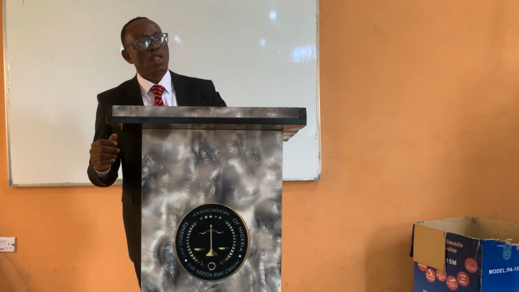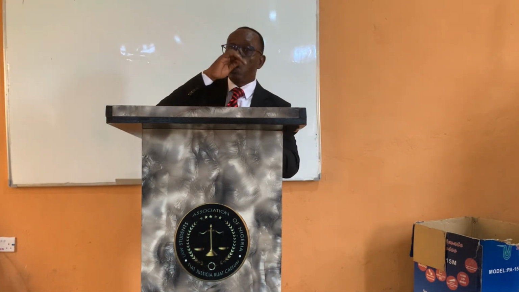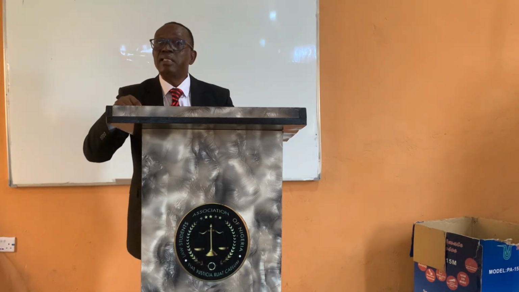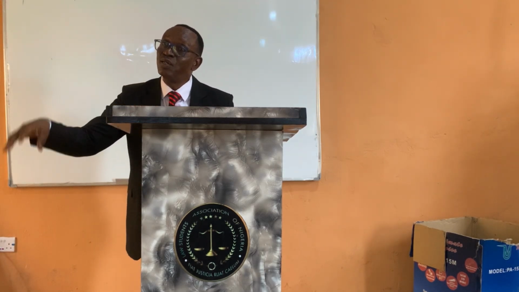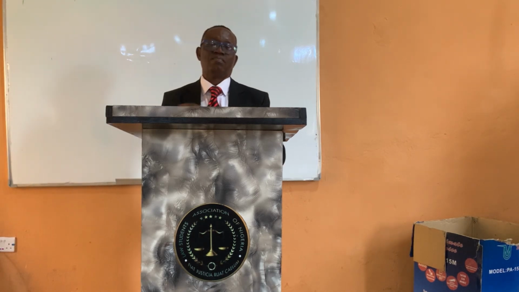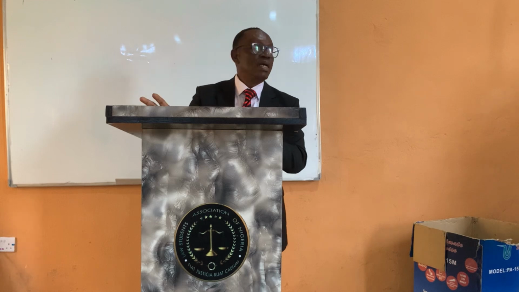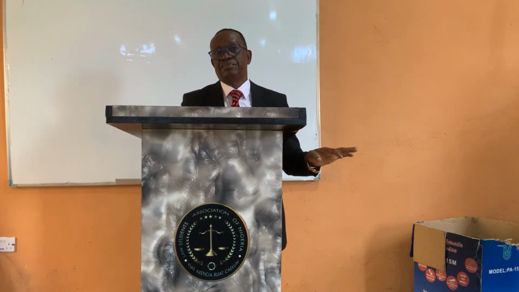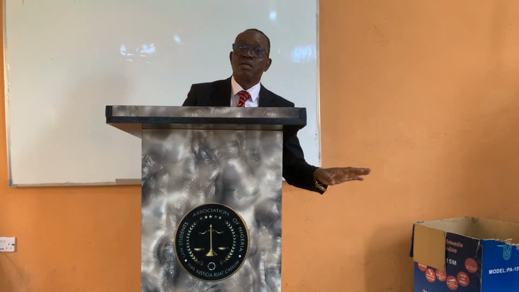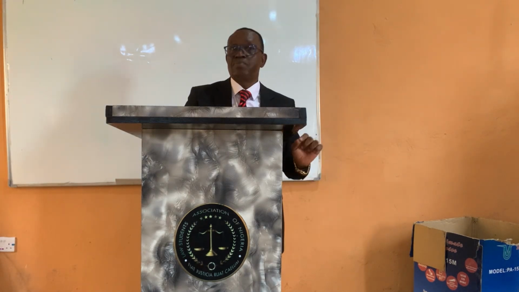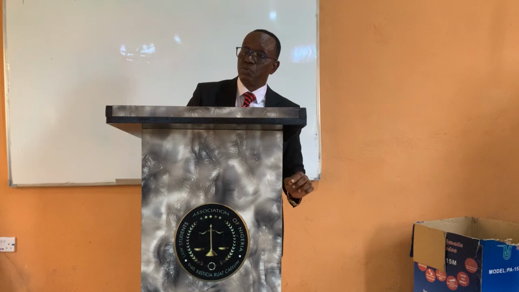All right. And then when you're tendering a document, make sure you agree on tendering documents that are admissible in law. All the rules guiding documentary evidence must guide you. Primary document, secondary document, public document, private document, get to know the rules.